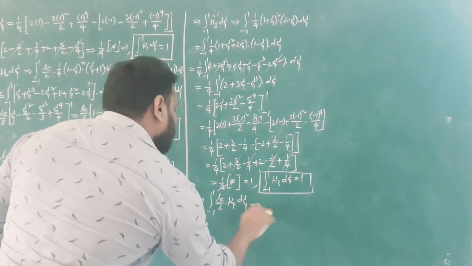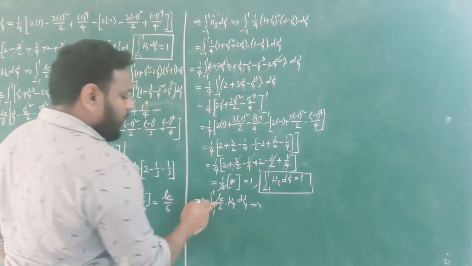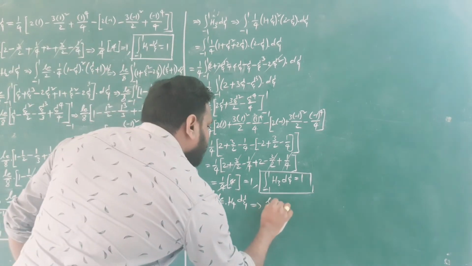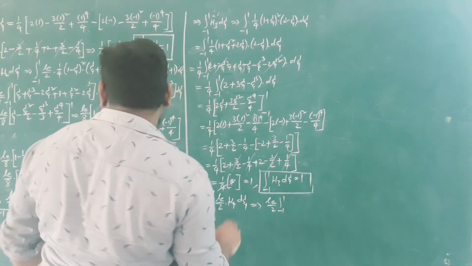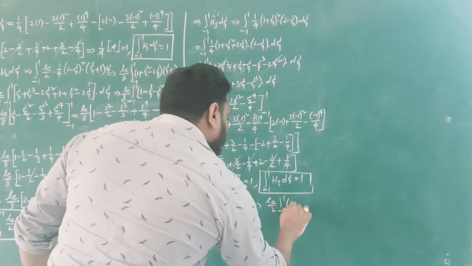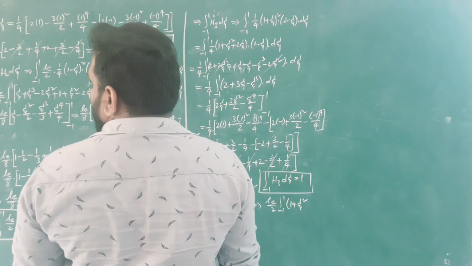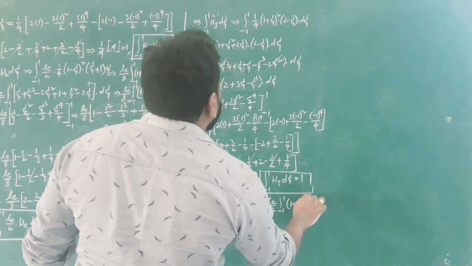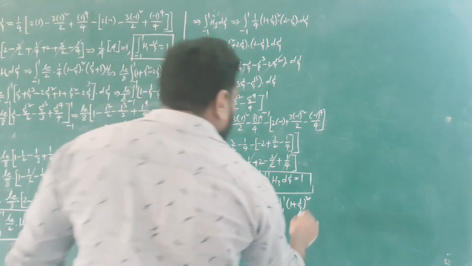Okay, now h3 we know that, h4 we know that, so le by 2 is constant, that's why I write it outside: le by 2 into the integral from minus 1 to 1 of h4, which means (1 plus j) whole square into (j minus 1).